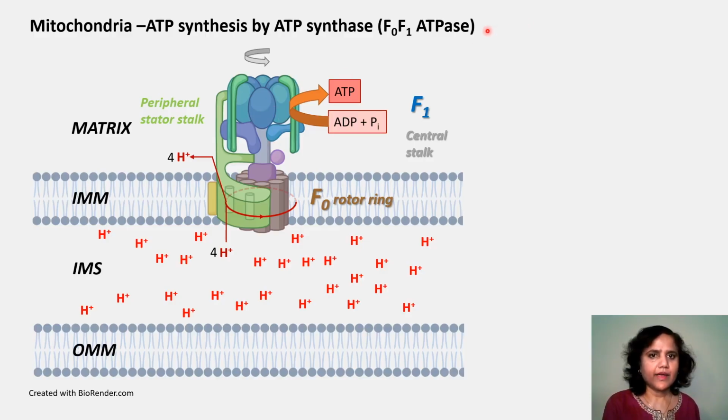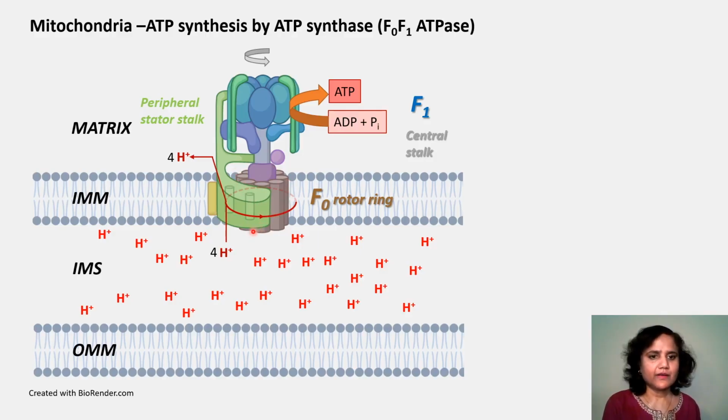Okay, so the head region of the F1 consists of 3 alpha and 3 beta subunits, and there is a path for protons which is created by the A subunit along with the C subunits of the ring which rotates past it.